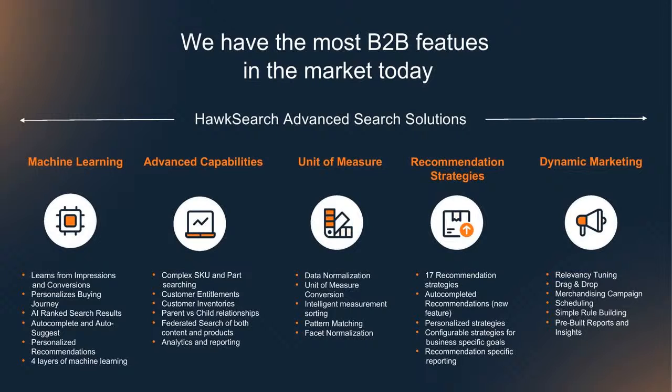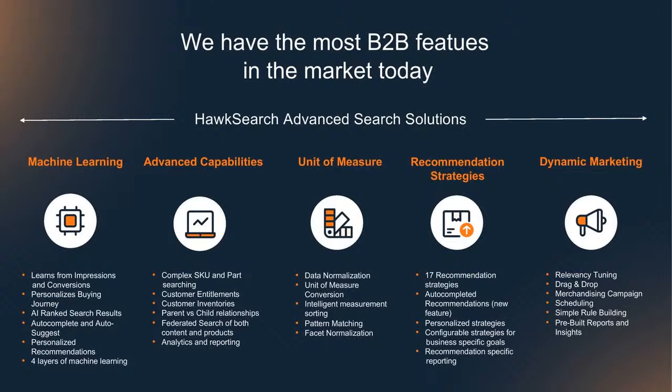As everyone knows, in the B2B space, customer entitlements, customer restrictions, customer price listing, any sort of restrictions based geographically, all of these daily use cases that you're using can be managed independently under our dynamic marketing.